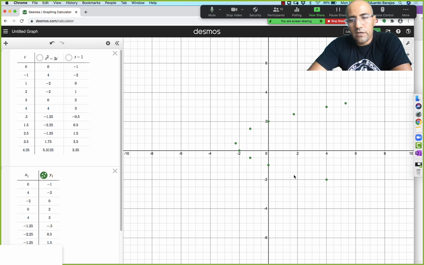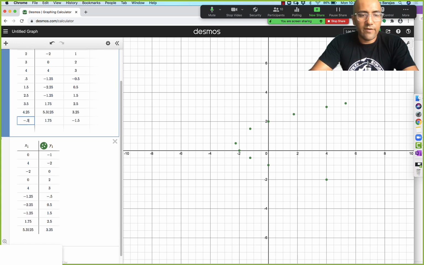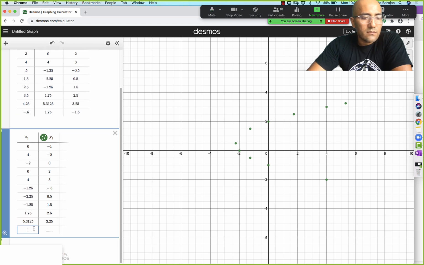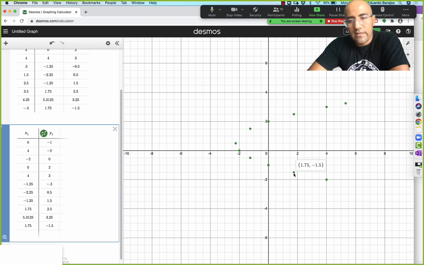So there's actually a direction that has to happen. This one was the result of using -1. This one was the result of using 0. Somewhere in the middle will be the result of using -0.5. Let's confirm that. If we go back over here and type in -0.5, we get these ordered pairs, and now if I graph those, I get 1.75 and -1.5, and then we get this point.